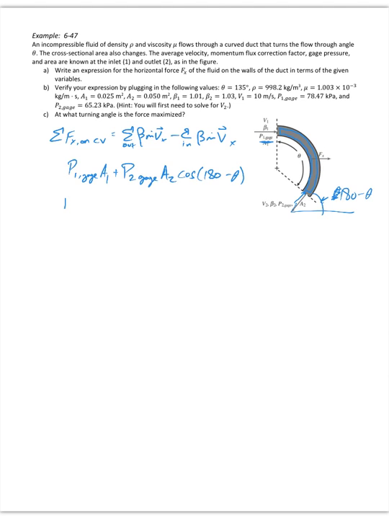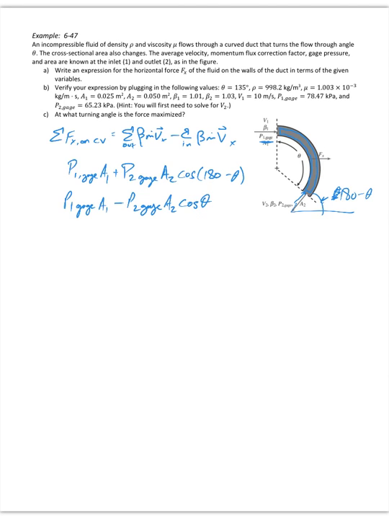So I could rewrite this as P1 gauge A1 minus P2 gauge A2 cosine theta. So I've just taken out the 180 minus theta, changed it to just theta, and put the negative here.